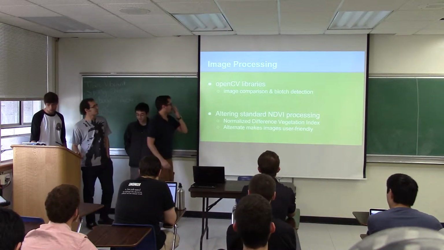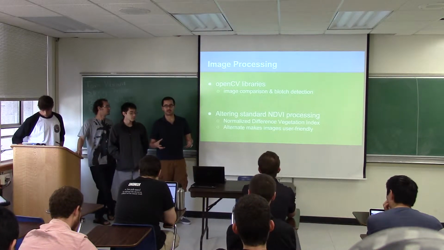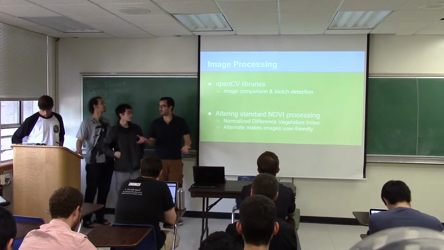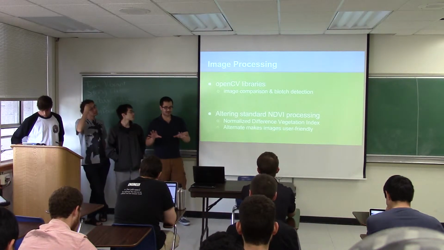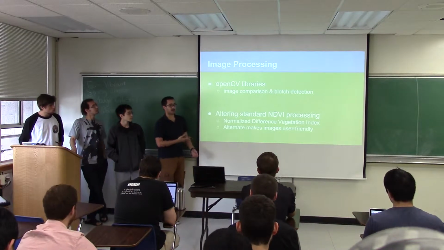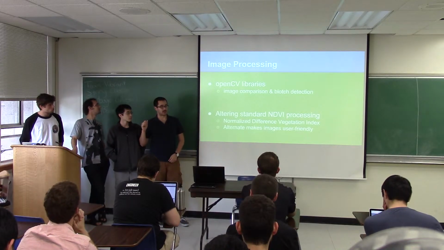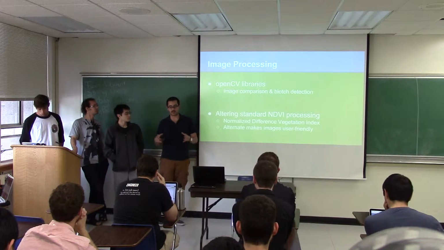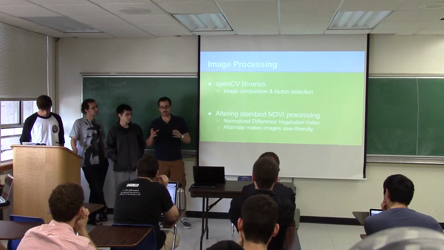I'll talk about this. What we're doing to process these images is we're using the OpenCV libraries, which are open libraries for C++, to compare these two near-infrared and visual images, do our back-end processing on them, and get the images you saw before. Another feature we're implementing that we didn't have time to integrate for today is blotch detection. It will find a specific value for the color index.